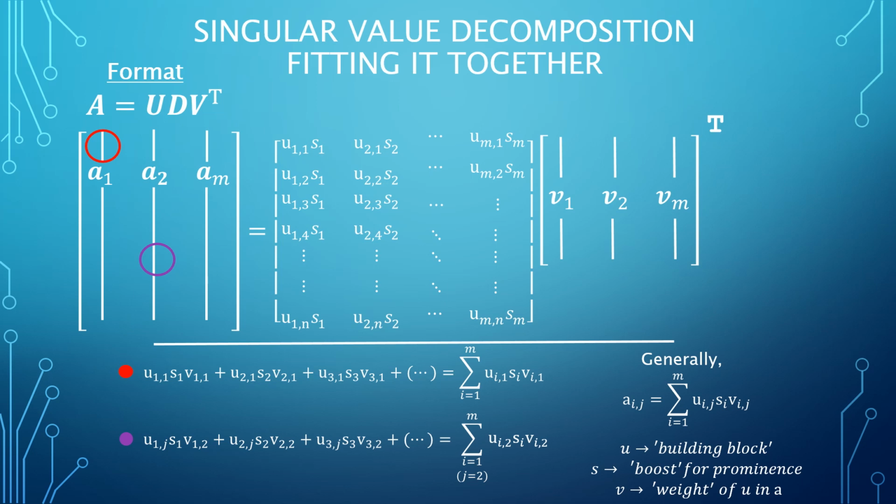So data item 1, face 1, might be 20% of data construct 1, 5% of data construct 2, 7% of data construct 3, etc. And it's this whole list of the degree to which each construct, each building block, contributes to a given outcome.